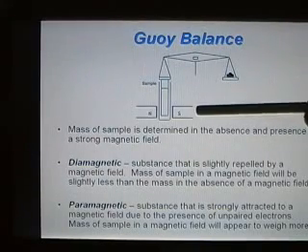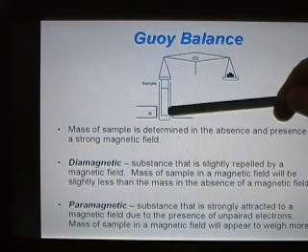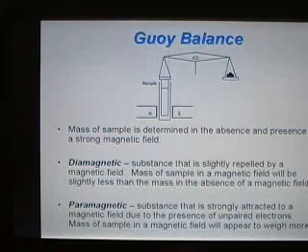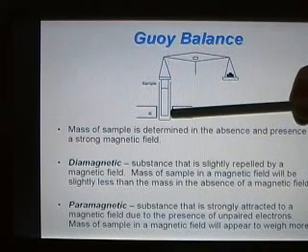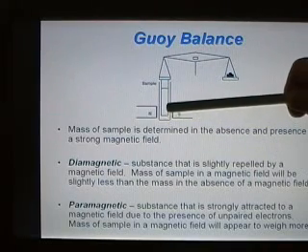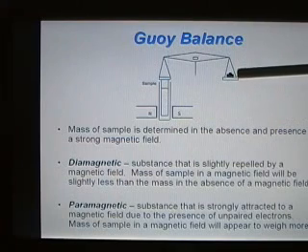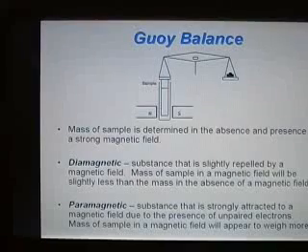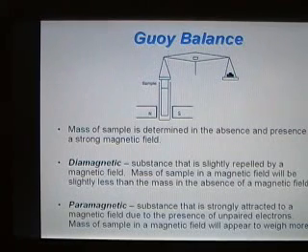A magnet is placed around the sample. What can happen is one of two things. If the container with the sample moves up and this end appears heavier with the weight on it, that means that the substance is slightly repelled by the magnetic field, and it should be diamagnetic.